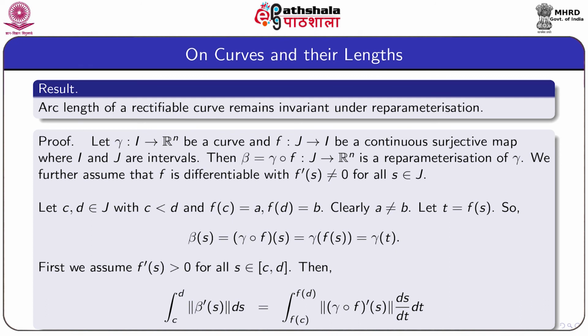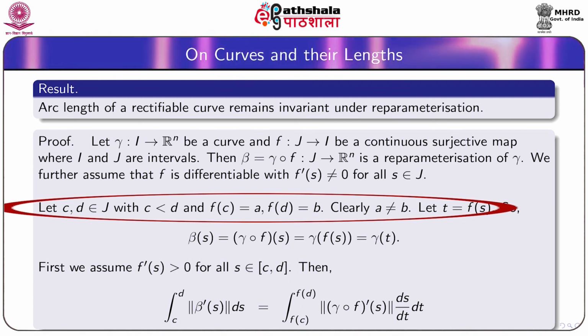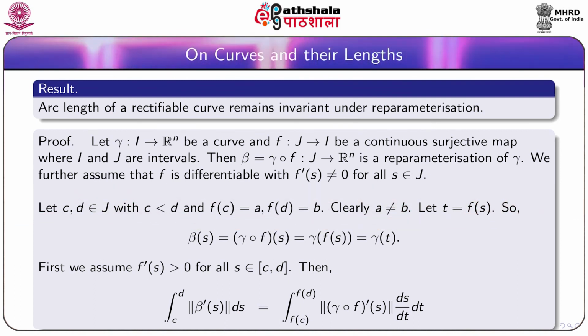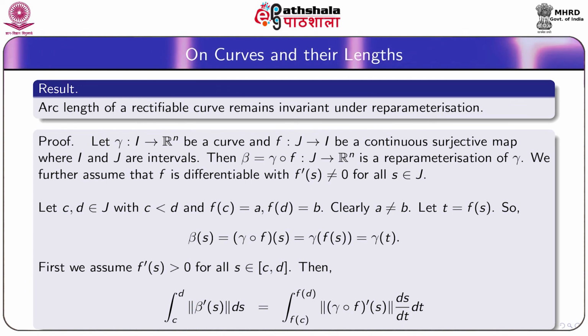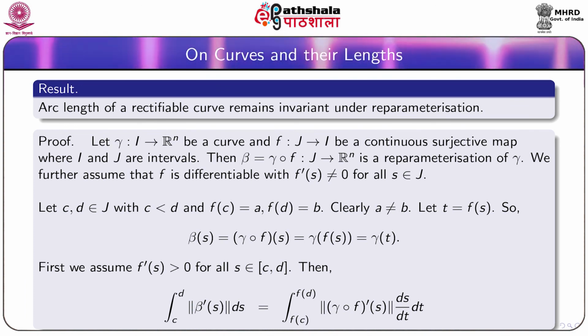We further assume that f is differentiable with f'(s) non-zero for every s in J. Let c, d be members in J with c less than d, and f(c) equal to a, f(d) equal to b. Clearly, a and b are distinct as f is one-one.